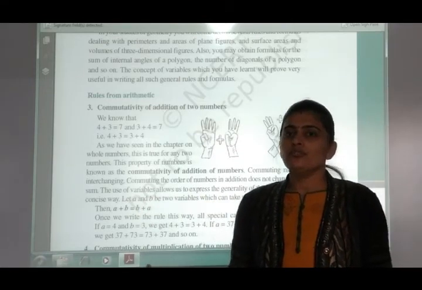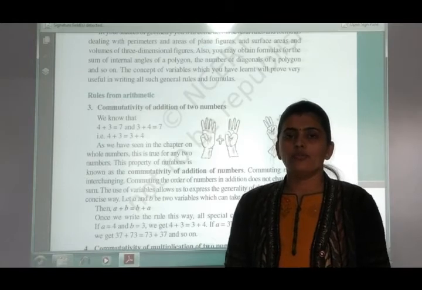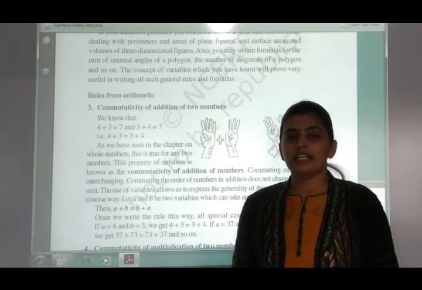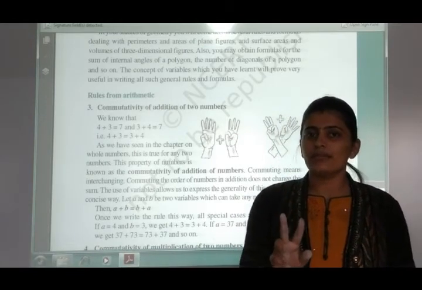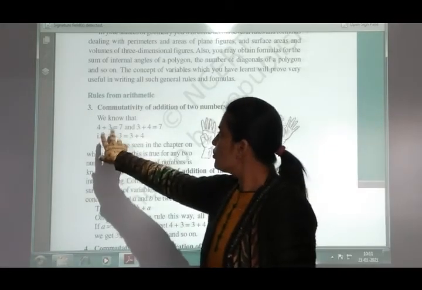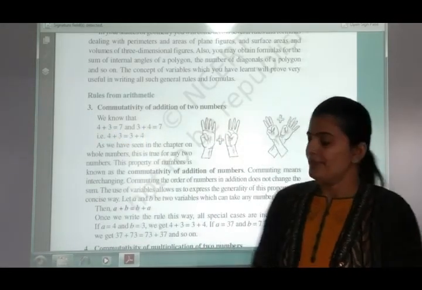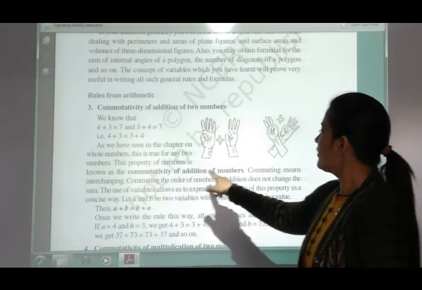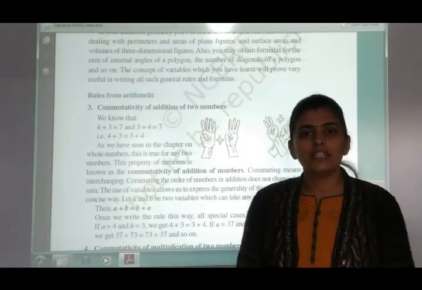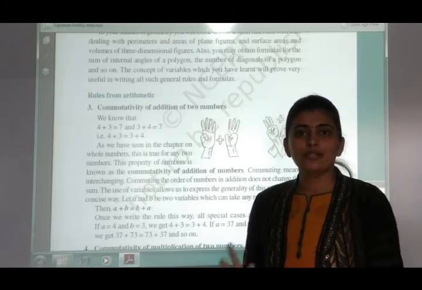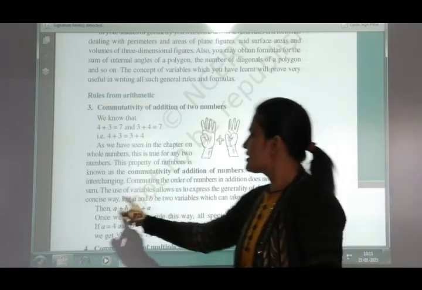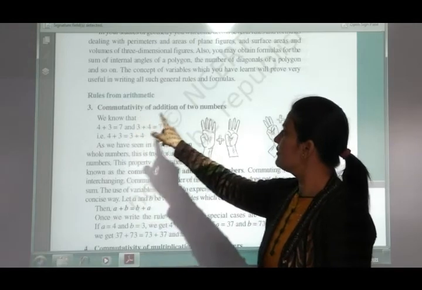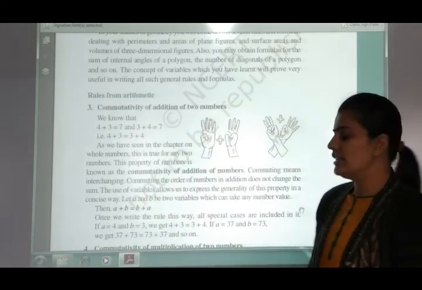We need 2 different variables because there are 2 different numbers. So for commutativity of addition, we can write A plus B is equal to B plus A. This is the general form of commutativity of addition of 2 numbers.